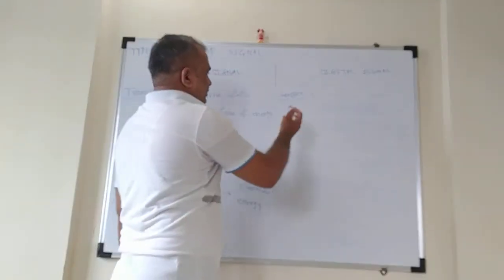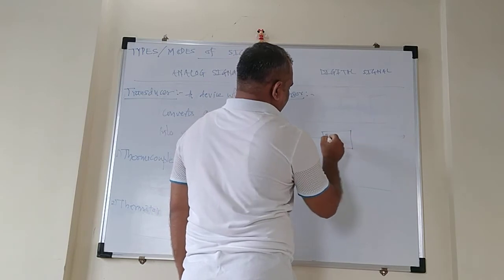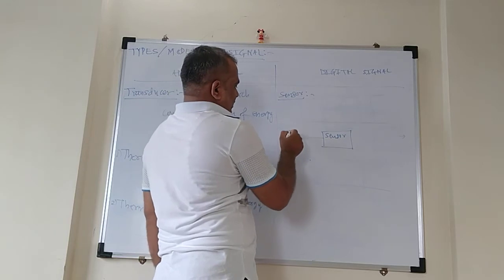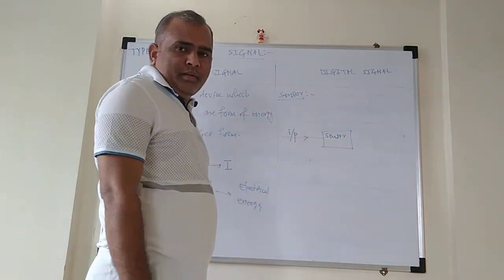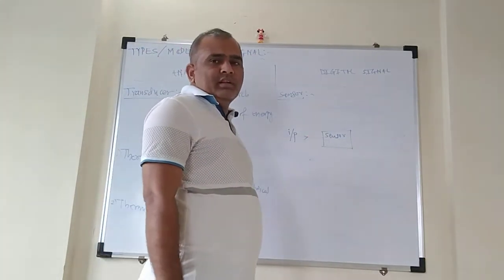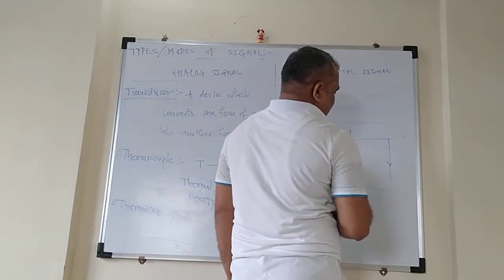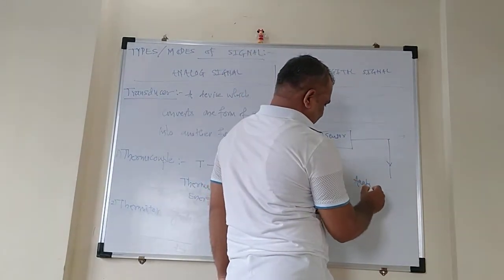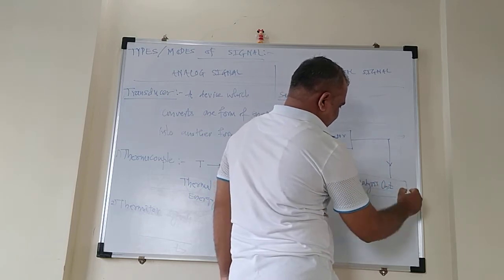Fine. So for sensors, let us say this is a sensor which senses a kind of physical quantity. So it receives an input from its surroundings, senses the physical quantity and gives this information to an analysis unit. This analysis unit may be your electrical circuit also.